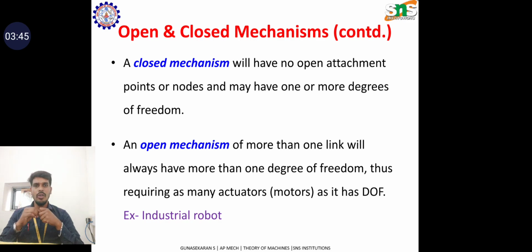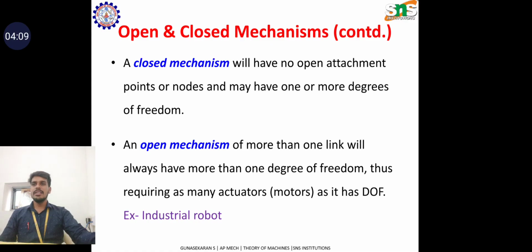Examples include 4-bar linkage and gear trains, which efficiently transmit motion. Here, simply said, a closed mechanism will have no open attachment points or nodes and may have one or more degrees of freedom. Okay, this is a closed mechanism.